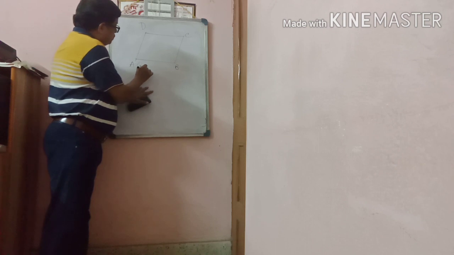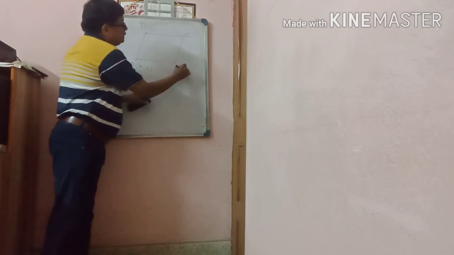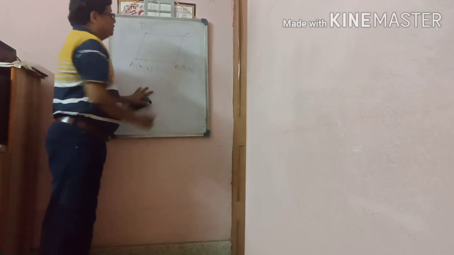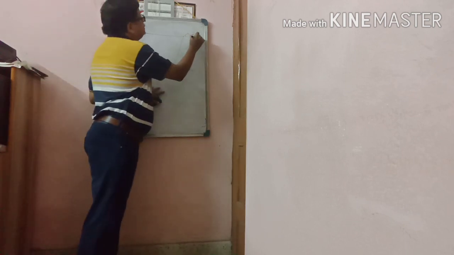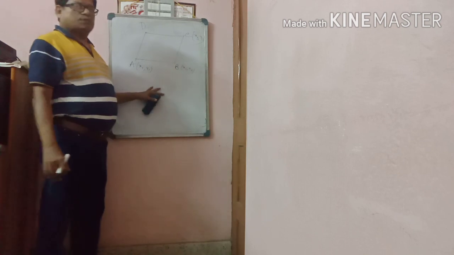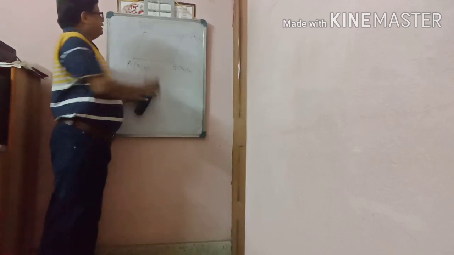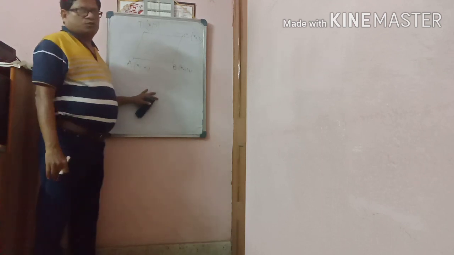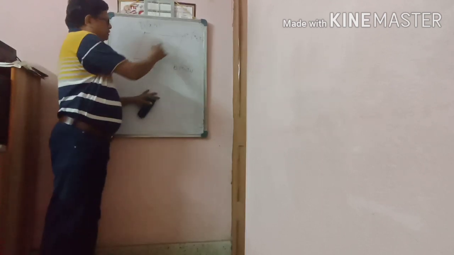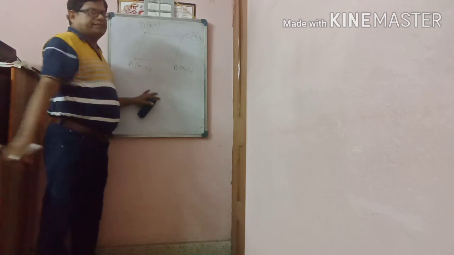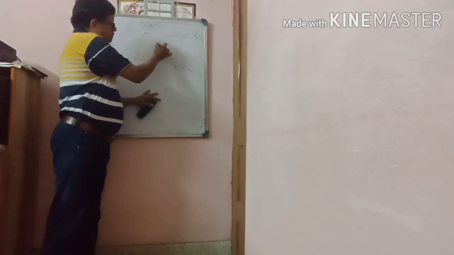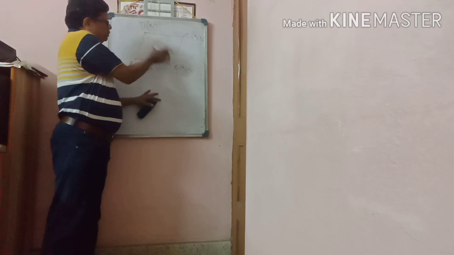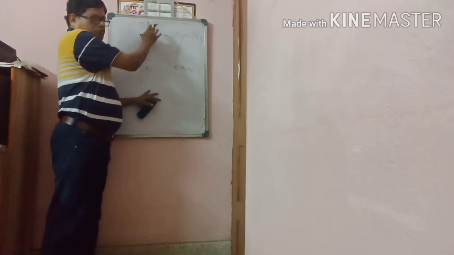This vertex is x1, y1, this is x2, y2, this is x3, y3 given, and suppose this is x, y, find the value of x, y. The diagonals of a parallelogram bisect each other, so find the midpoint here and the midpoint here, then you will get the result.